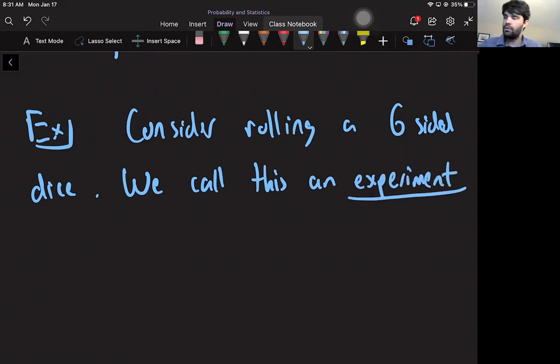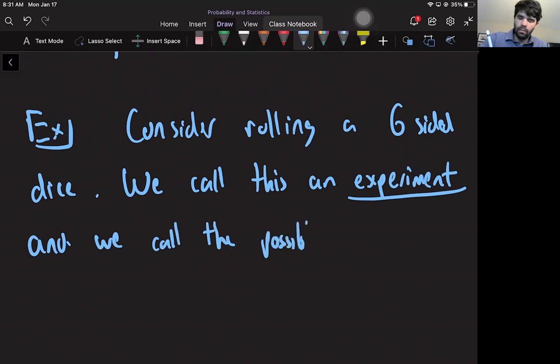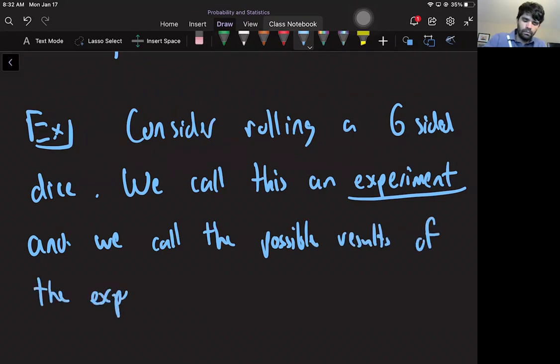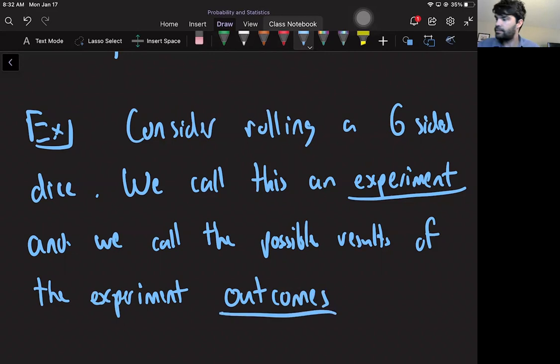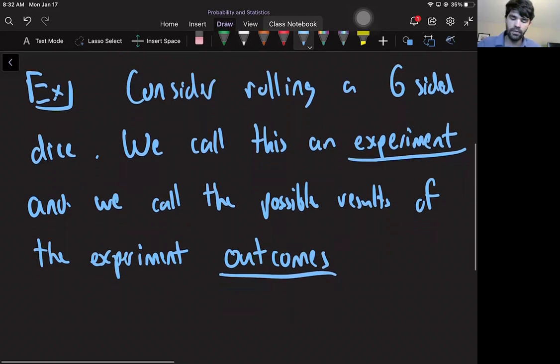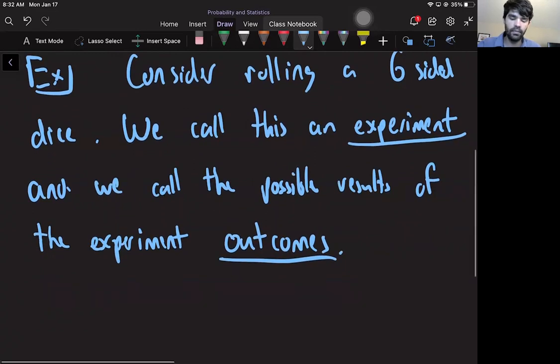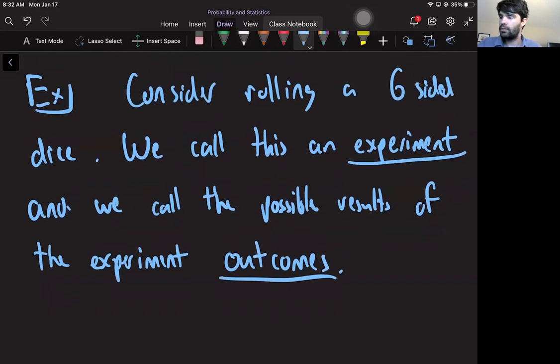It's just something that you do that has outcomes. We call the possible results of the experiment outcomes. When you roll a dice, there's 6 outcomes, and they encompass all possible things that can happen. When you list them, you don't randomly skip some, you write them all down.